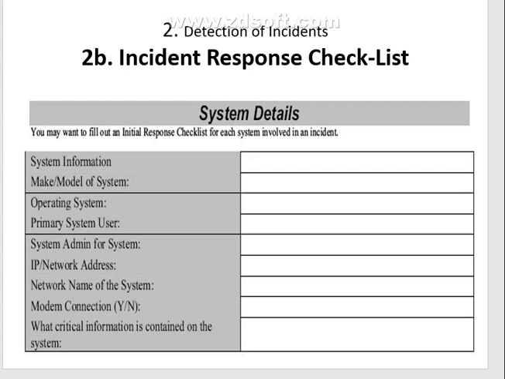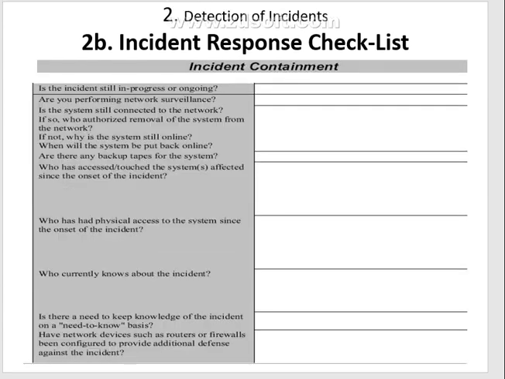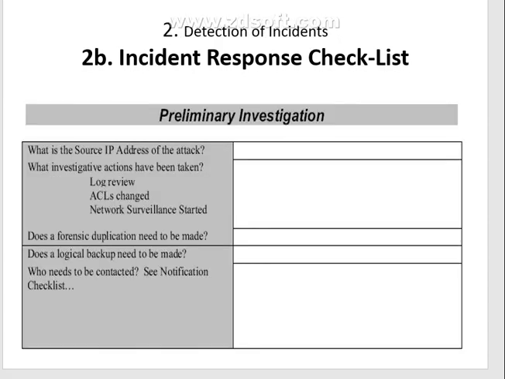So the other module is going to be an incident response checklist, whereby we're going to capture system details like the system information, the operating system, the network or the IP address, the model connection, and if the system is critical. The other module is going to be on incident containment, whereby we're going to collect information such as who had physical access to the system, etc., etc.